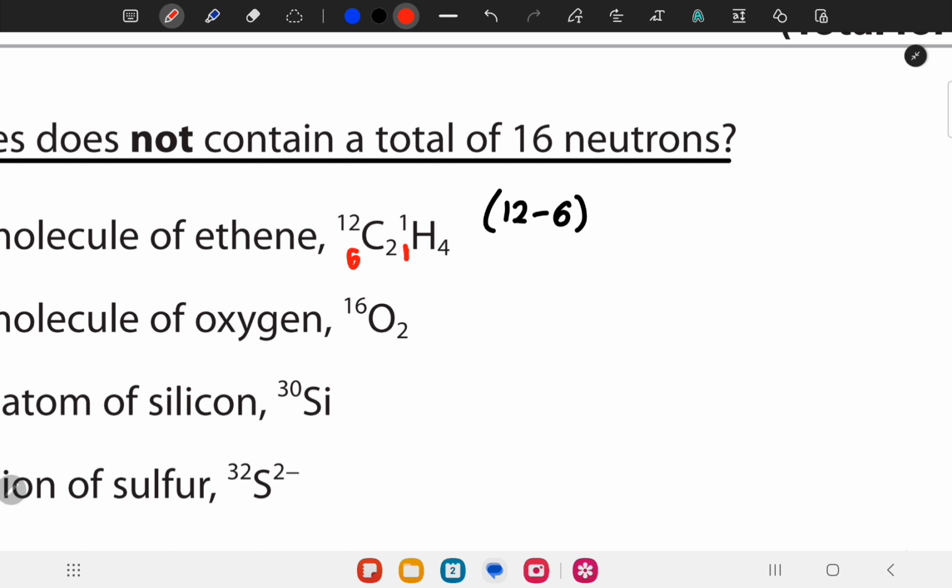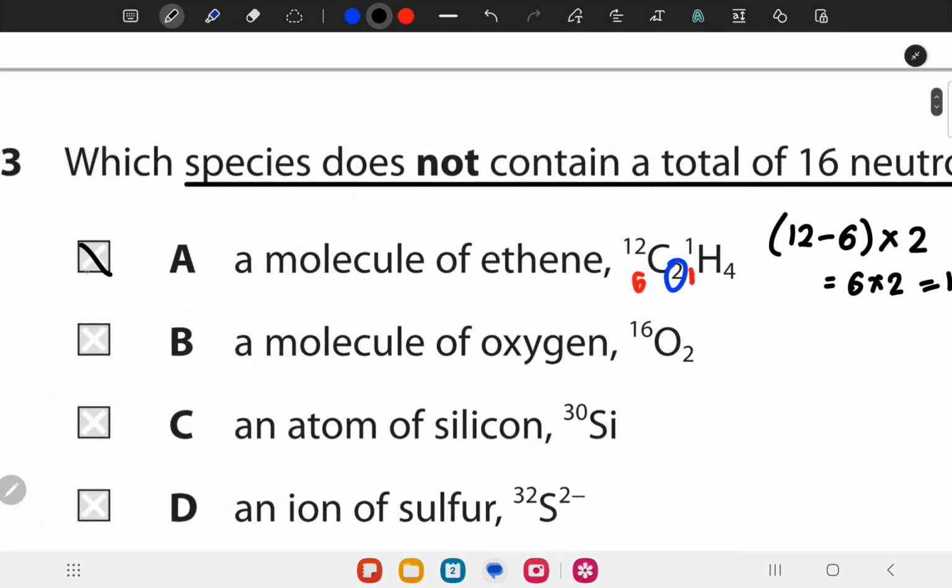There are 2 carbons here, so we multiply by 2, plus we will not have any electrons for hydrogen, so we'll have 6 into 2, 12. So this would be the answer.